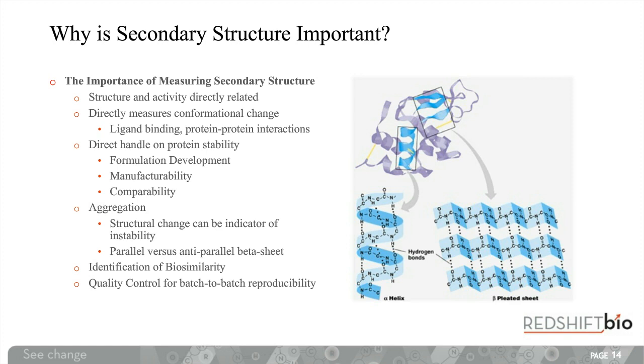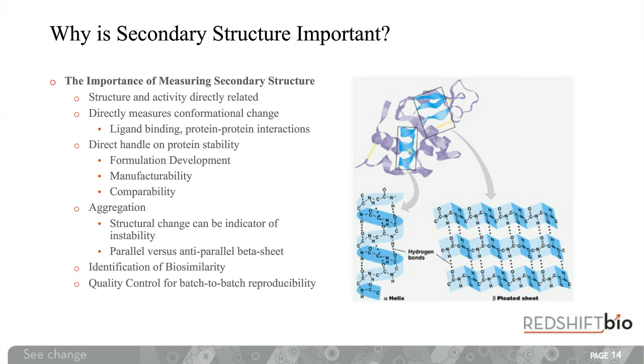These are non-inclusively structure activity determinations. They might allow you to directly measure conformational change that might be related to ligand binding or some protein-protein interactions, or even perhaps some interactions between your protein and the buffer in which it finds itself.